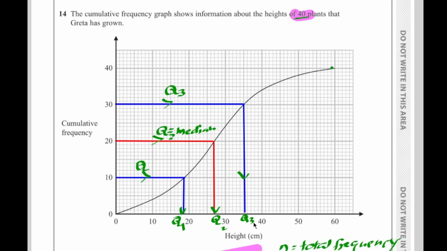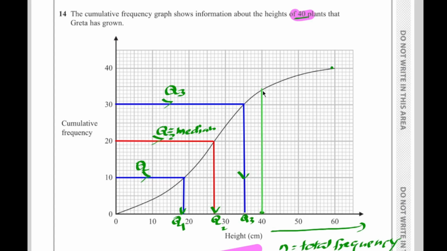So this is height. Then you have to come all the way from here. This is 40. Then greater than represent this side. Then you have to draw the line from here, from 40 all the way to the graph.